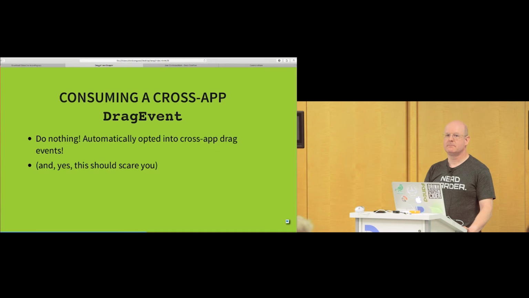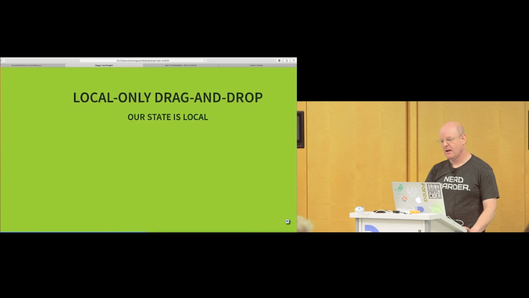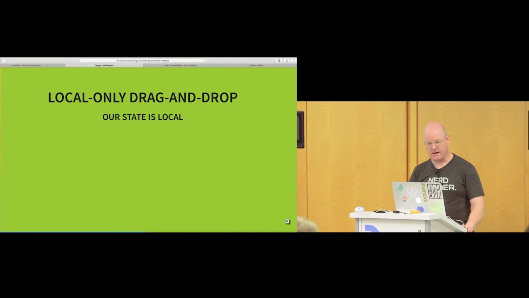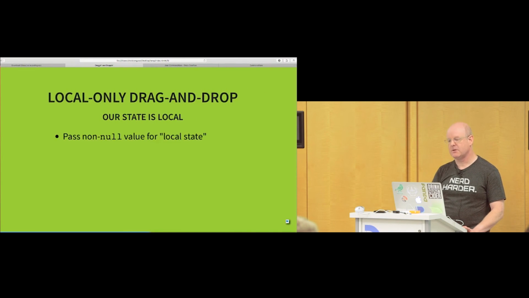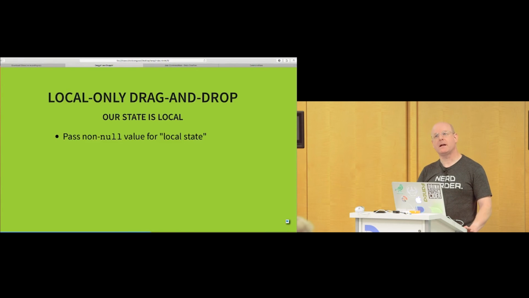I found a bug. They're, I'm sure, diligently working on it. But what we were told the workaround is, is to take advantage of that local state. That third parameter to startDragAndDrop is an object. Any object, whatever Java class you want, does not have to be Parcelable. Whenever you see this, you know that ain't passing across process boundaries. And so therefore, it's got to be within the app. So what you do is you pass some non-null value for the local state.